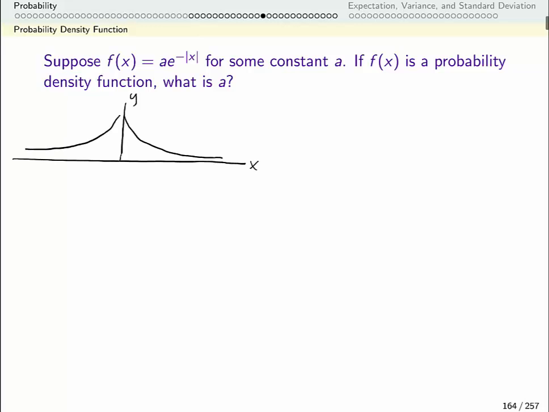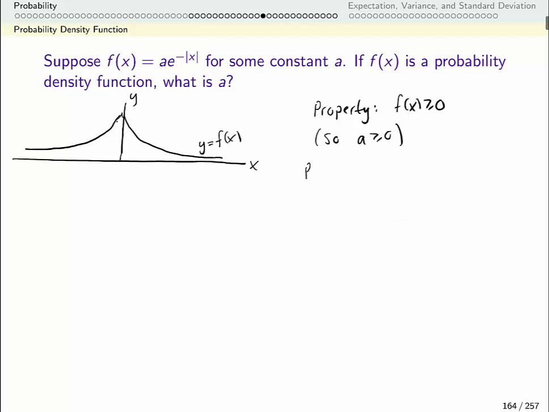If a were negative, this would be below the x-axis, but one of the properties of probability density functions that we just learned is that they have to be greater than or equal to 0 all the time. So that tells us our constant also needs to be greater than or equal to 0.